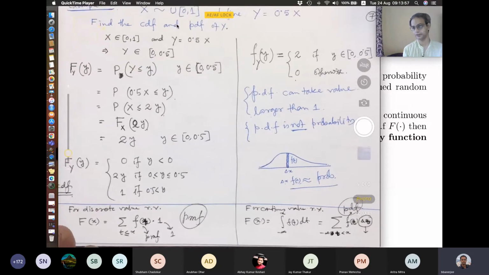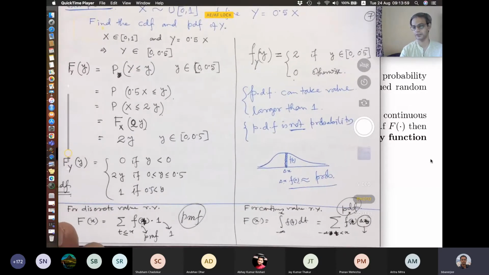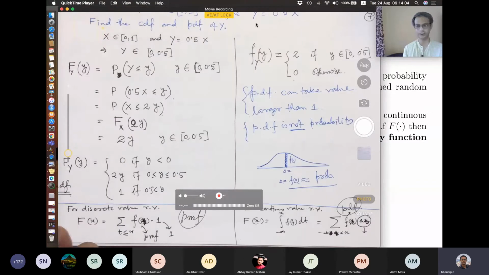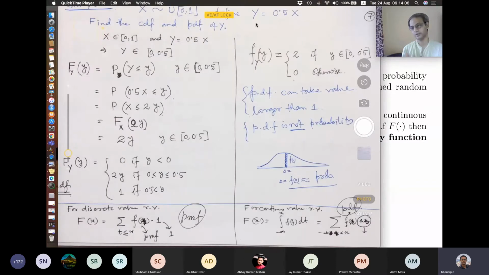Okay, then let us move to another interesting thing. So now you can claim that for your course, CDF as well as PMF for a discrete valued random variable, and CDF as well as PDF for a continuous valued random variable, uniquely identifies a random variable.